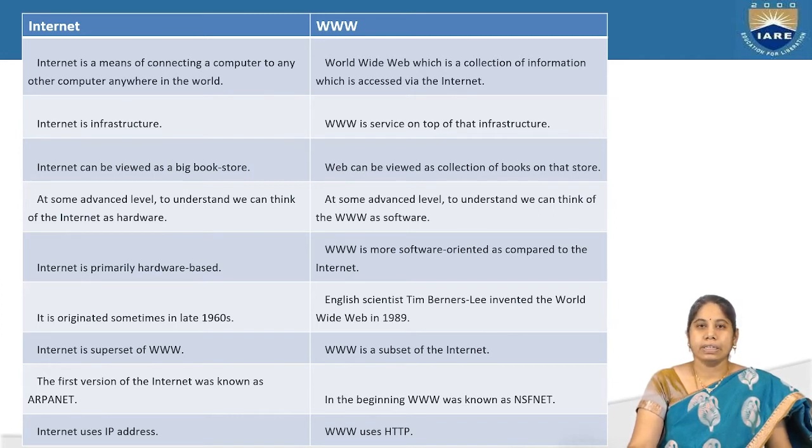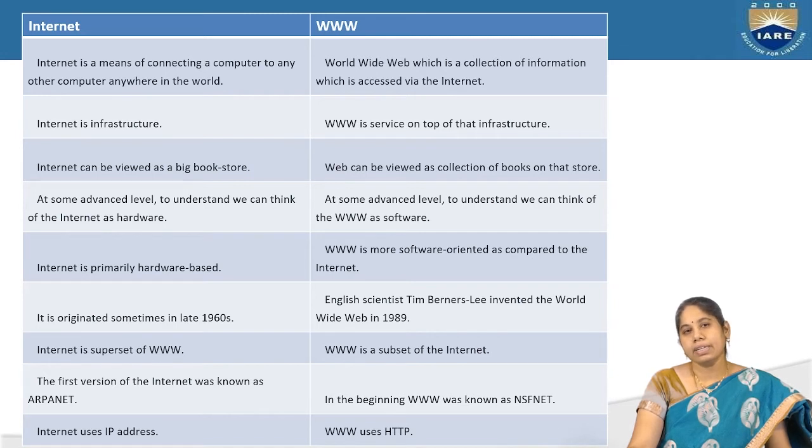In other words, the internet is an infrastructure and the World Wide Web is a service on top of that infrastructure. In daily life, the internet can be viewed as a big bookstore, and the web can be viewed as the collection of books in that store.